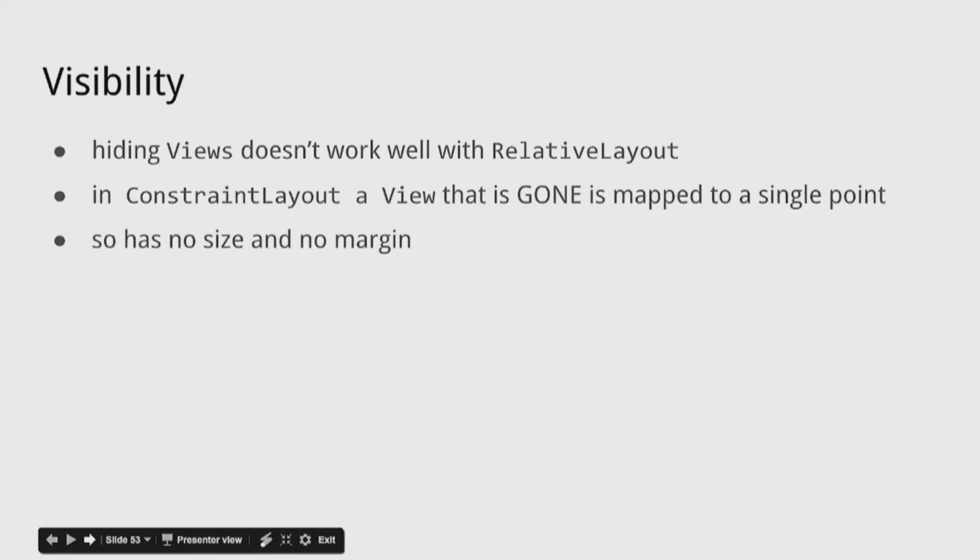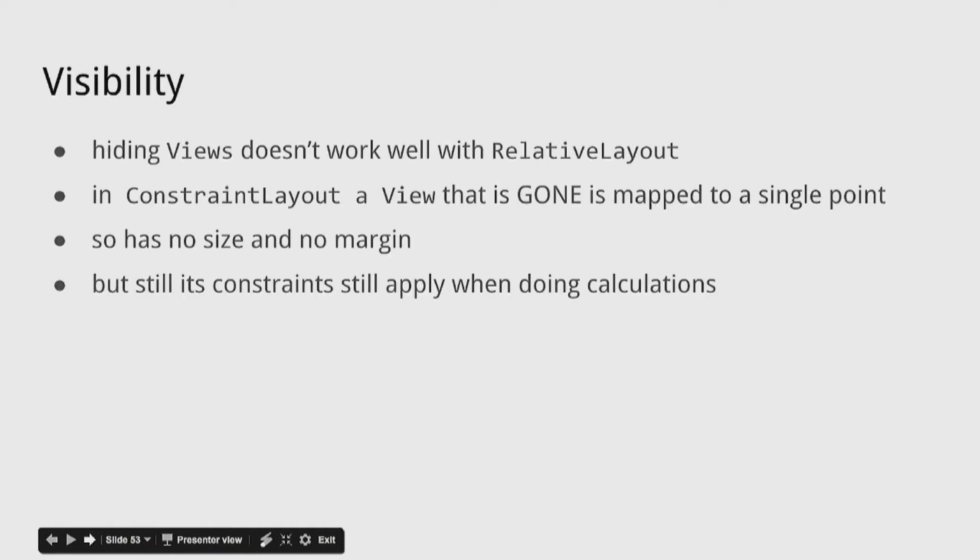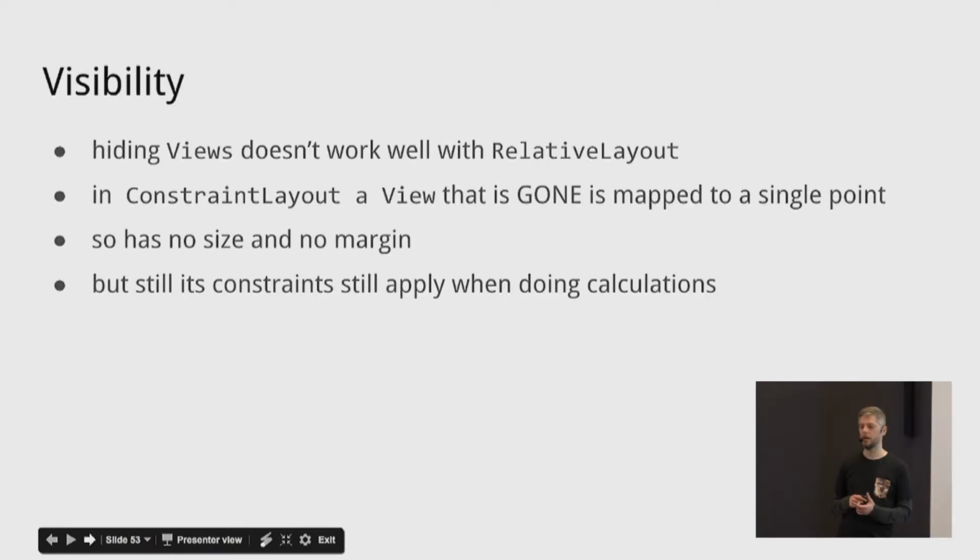The reason for that is, with ConstraintLayout, when I remove a view, the view is gone, but it's gone in such a way that it has size 0, so it's not being drawn, but all the constraints are there. So the ConstraintLayout, when the view is removed, can still create the whole layout for us. So it's kind of a useful feature.